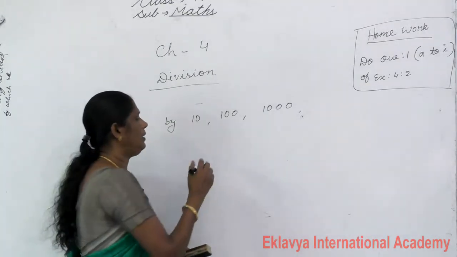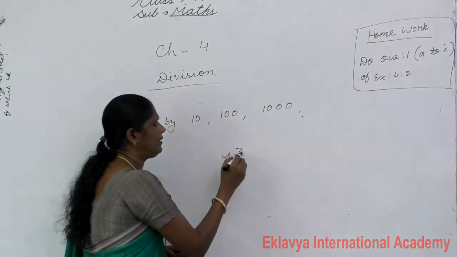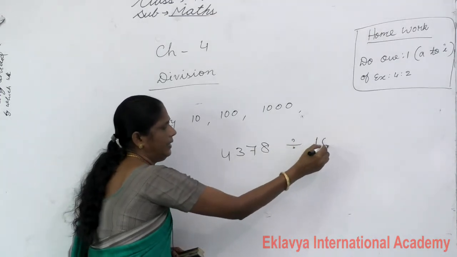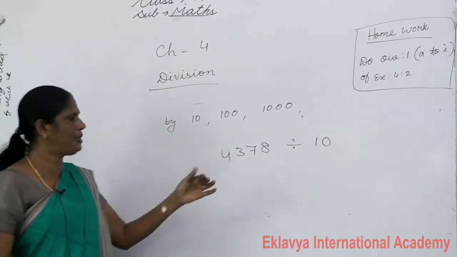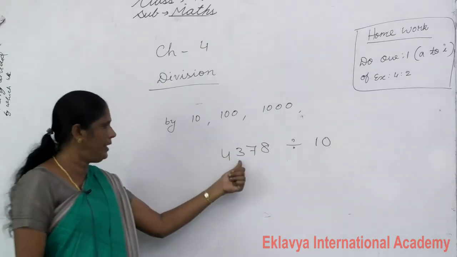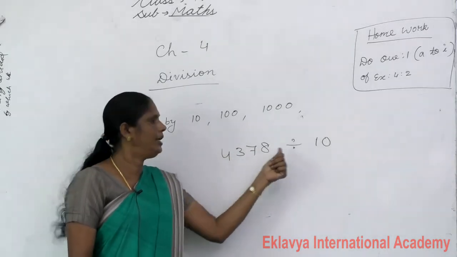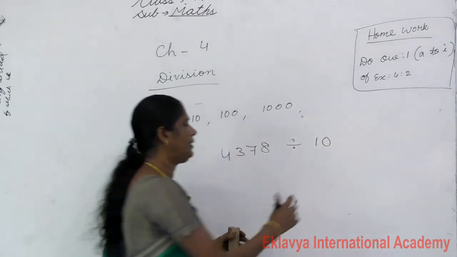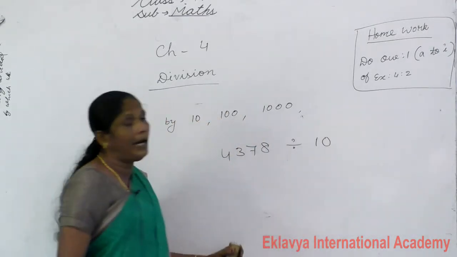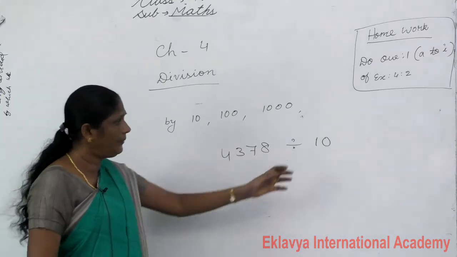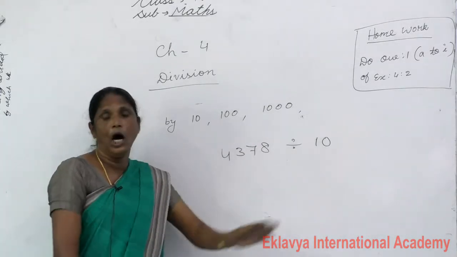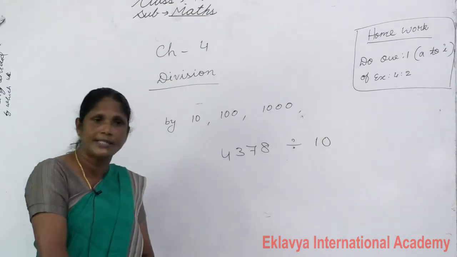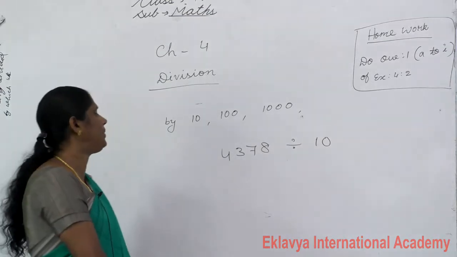For example, 4378 divided by 10. Okay, our question, 4378 divided by 10. You don't write it this way, you divide directly. We divide by 10. How many digits do we remove? 1 digit. From which side? Right hand side of the number.